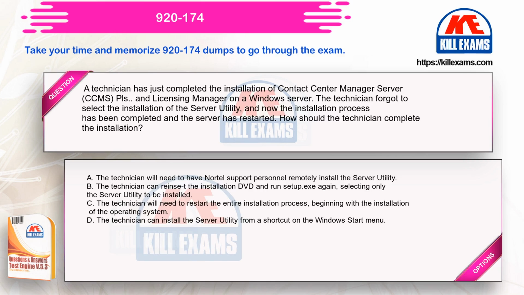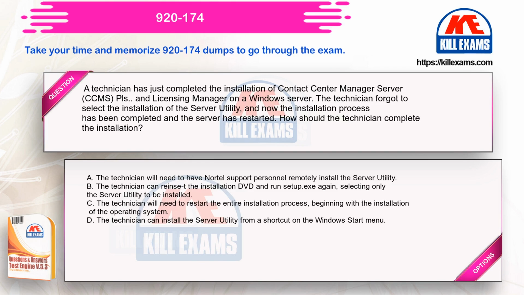A technician has just completed the installation of Contact Center Manager Server, CCMS, and License Manager on a Windows server. The technician forgot to select the installation of the server utility, and now the installation process has been completed and the server has restarted. How should the technician complete the installation? Option A. The technician will need to have Nortel support personnel remotely install the server utility.